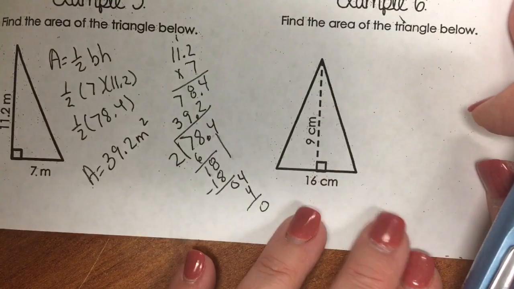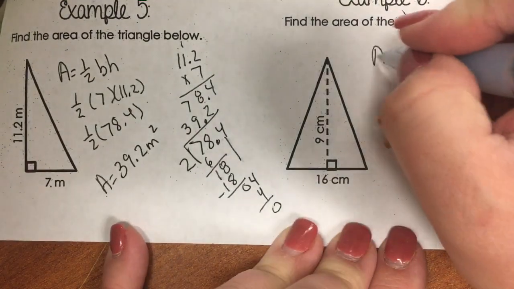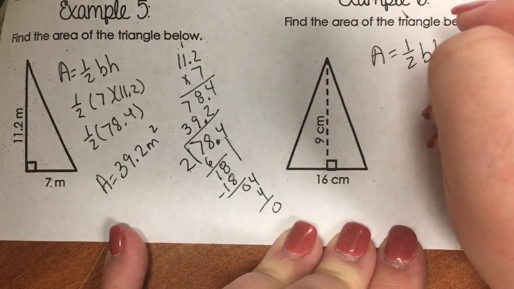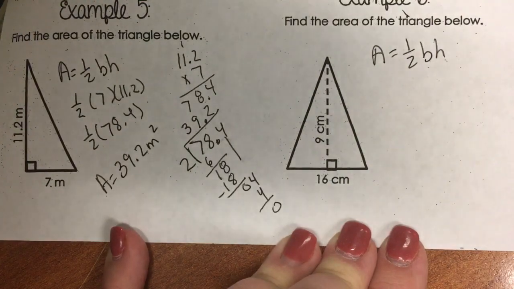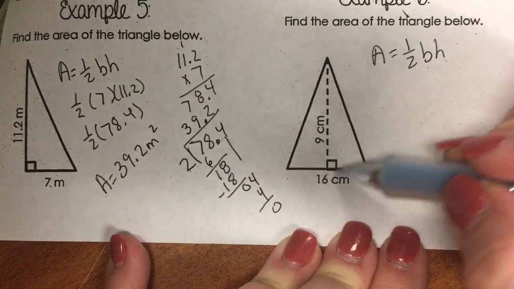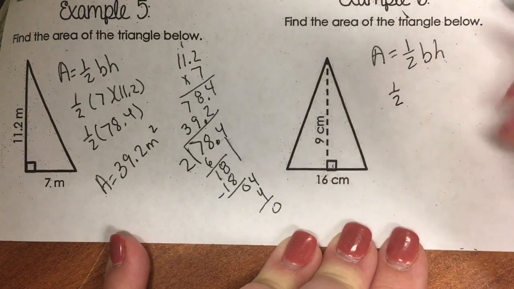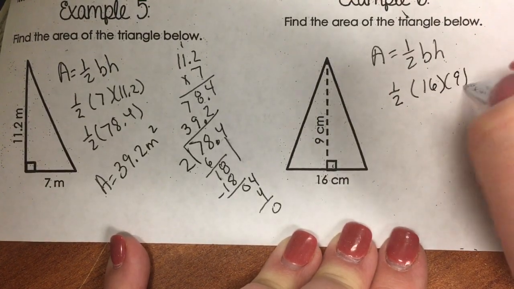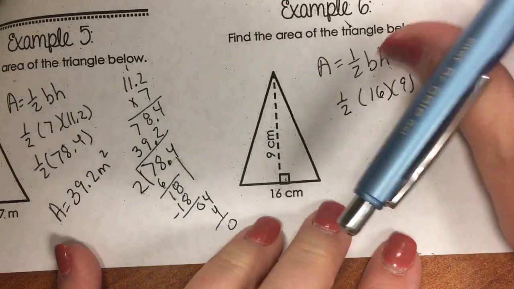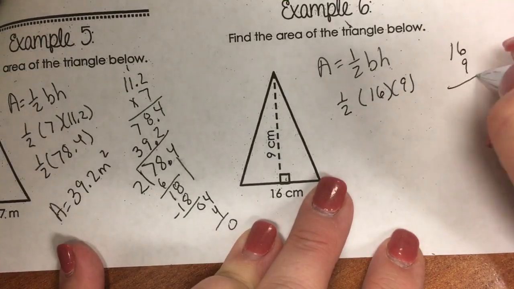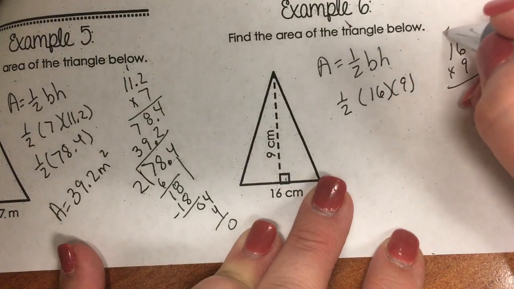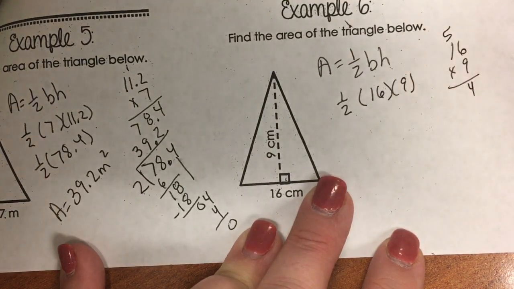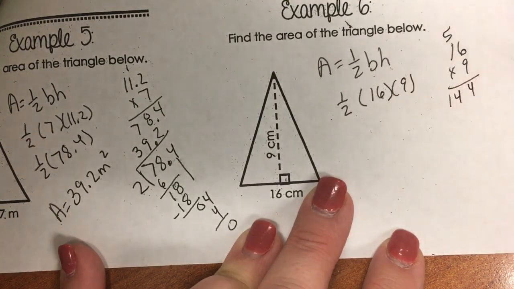My last example, still a triangle. So here's 1/2 base times height. My base and height meet at that right angle. So this is 1/2 of 16 times 9. 16 times 9: 9 times 6 is 54. 9 times 1 is 9, plus 5 is 14.